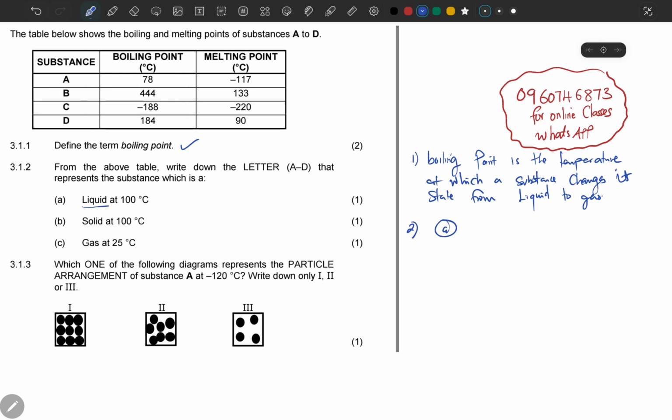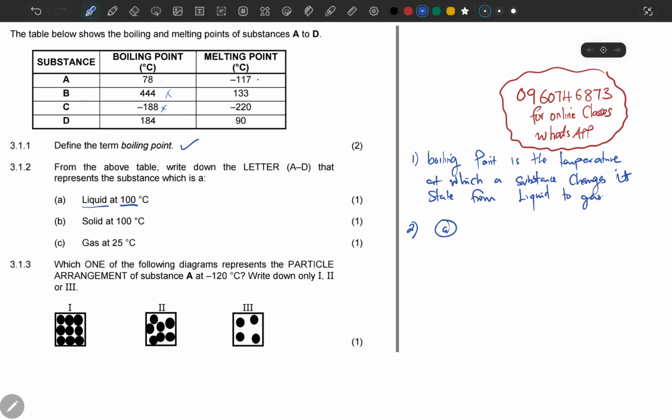For it to be a liquid, it has to have a good boiling point. Look at the boiling point of A, 78. Look at the boiling point of B, 444. It's a lot. We are just from defining boiling point as the temperature at which a substance changes from liquid to gas. Look at C, negative. This one and this one, they can be completely out. The debate can be between A and D.